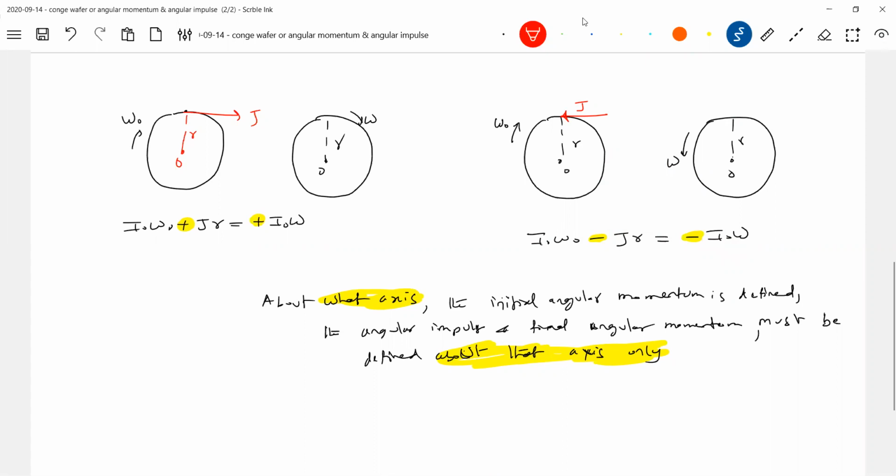Some books just write 'about a given axis'. All three terms in the equation should be defined about one given axis only. In conceptual questions with more than one option, they may trouble you. All these three quantities should be defined about a given axis only.